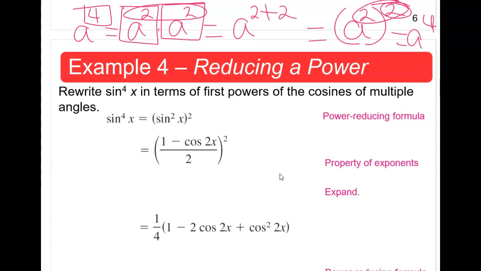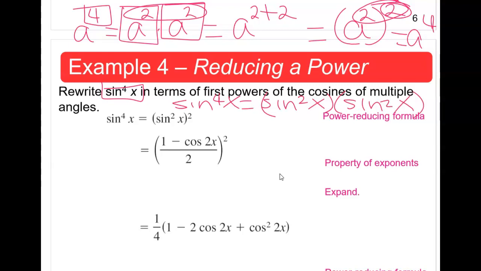So anyways, sine to the 4th power is the same as saying sine square of x times sine square of x.